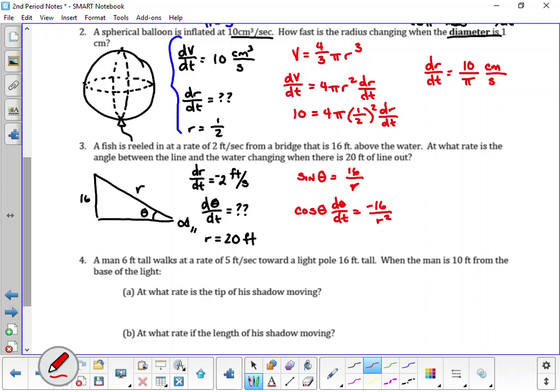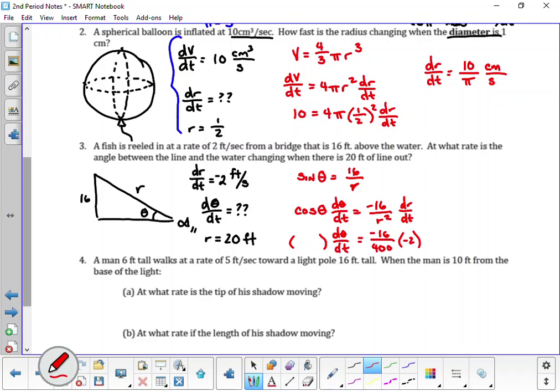Better than doing quotient rule. Then I'm missing a dr/dt. Okay, cool. I can plug in 20 for r, and I can plug in -2 for dr/dt.